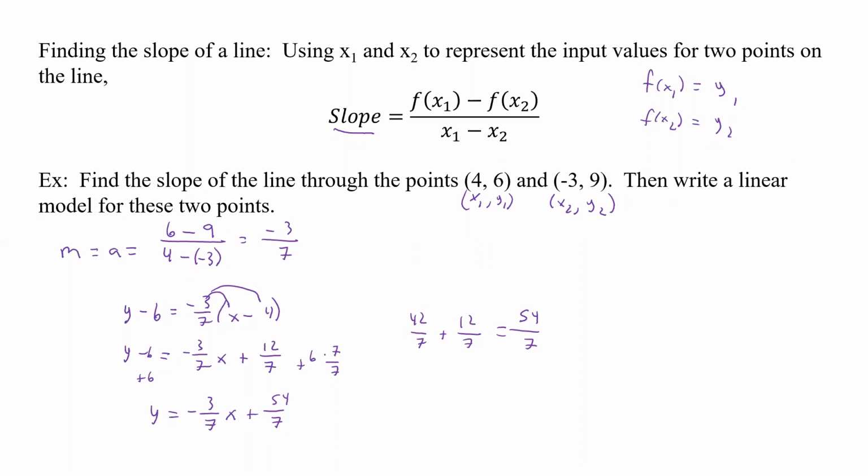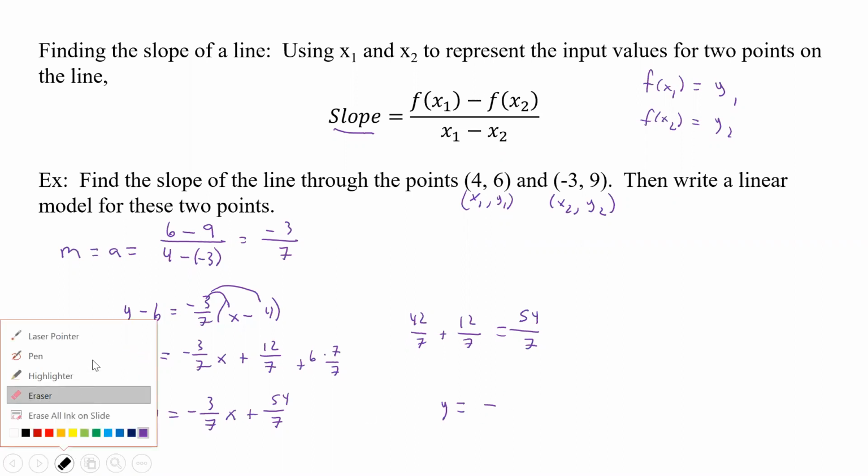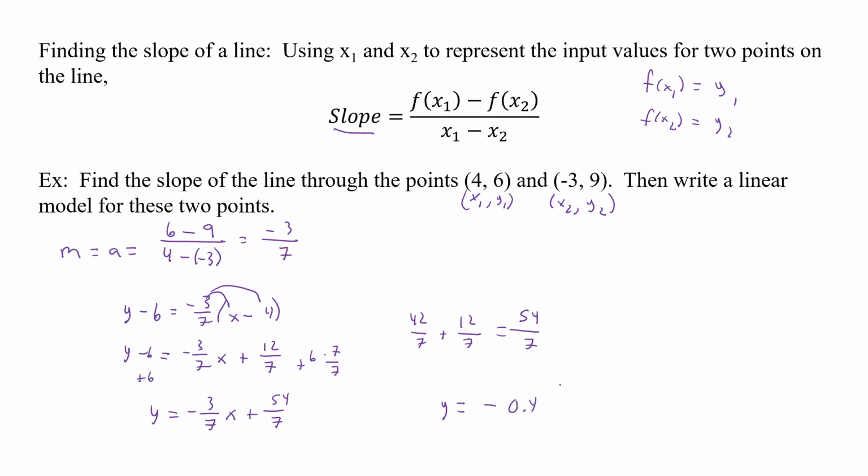We could take 3 divided by 7, which is about 0.4286, so y equals -0.4286x, going to 4 decimal places, plus 54 divided by 7, which is 7.7143.